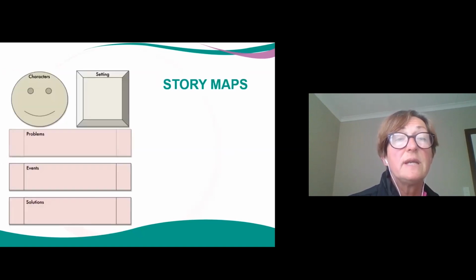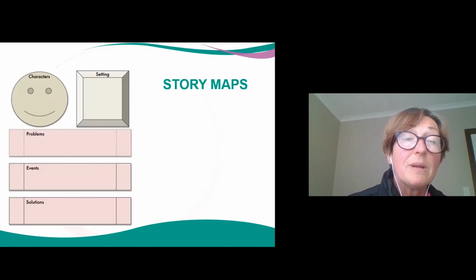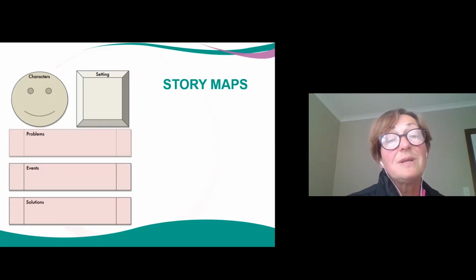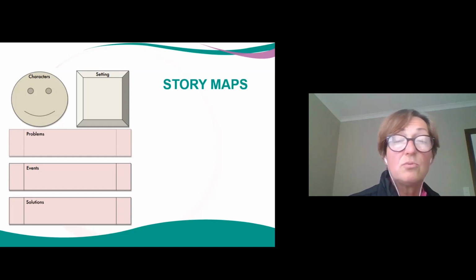This is a very, very basic one, where you just indicate the characters of your story, the setting of your story, what is the problem, how did it happen, what is happening in your story, and come to a basic conclusion or a solution.